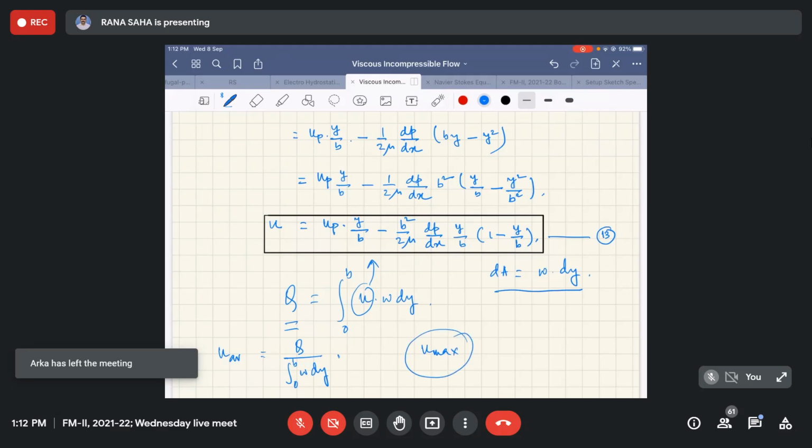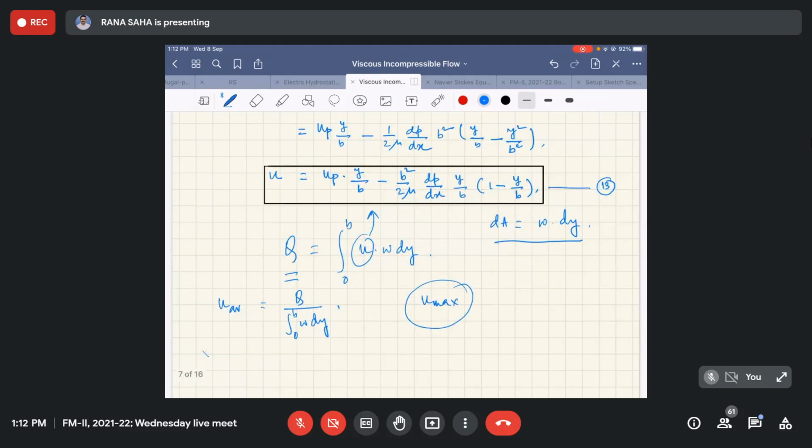Using the same treatment for flow through parallel plates, here the situation is that it may so happen one plate is moving in the opposite direction with respect to the other. There are three possibilities. One plate is stationary, the other one is moving.